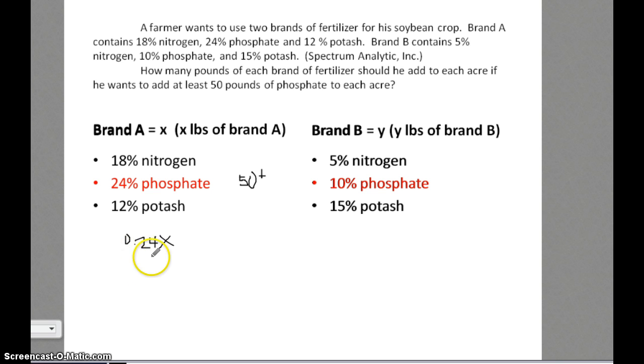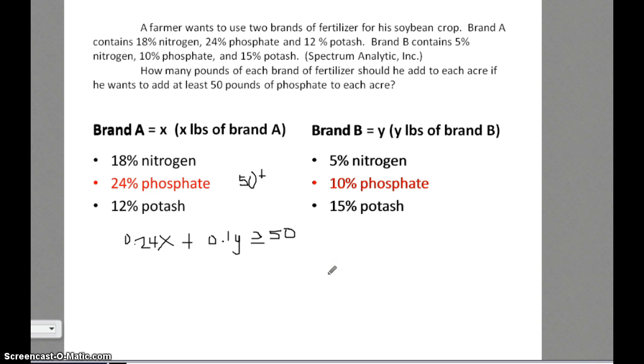So 24% of the pounds of brand A. I'm going to add to that what we use from brand B. That's 10%, so 0.1, changing 10% to a decimal, of y, and again we're going to multiply. Now if this was an equation we'd put equal to 50, but we want this combination to be at least, so greater than or equal to 50.